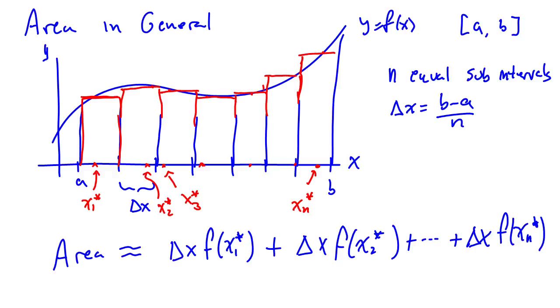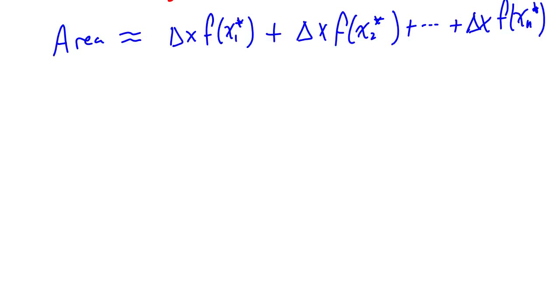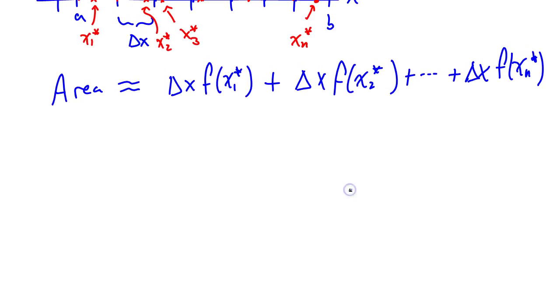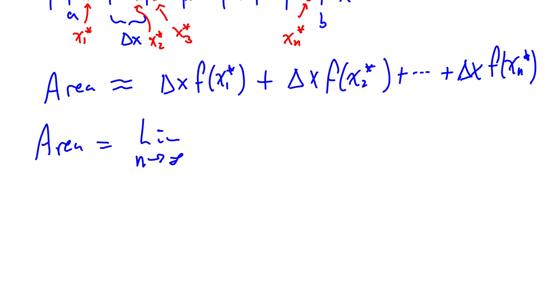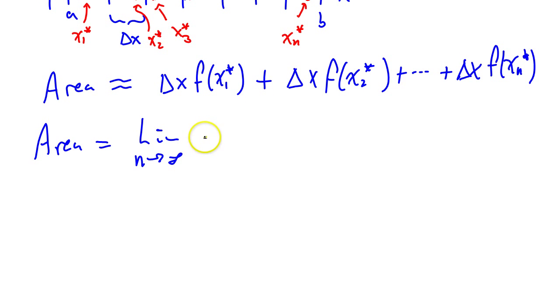Okay. Now, that's an estimate. If we want to actually get better and better estimates, we could do something like this. The area is going to be equal to the limit as n goes to infinity of this sum.